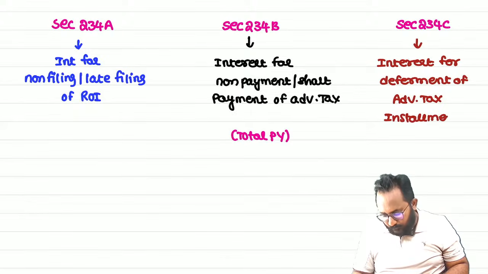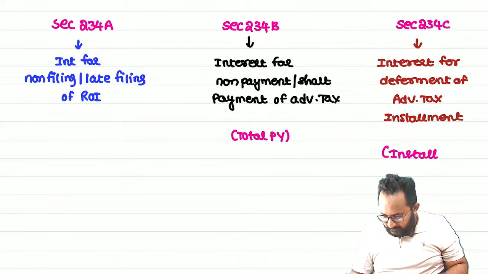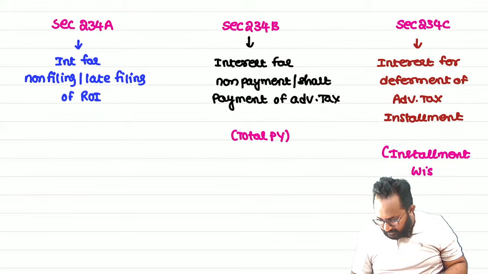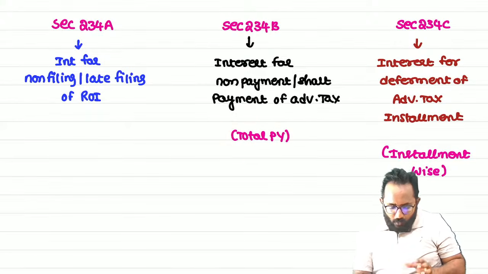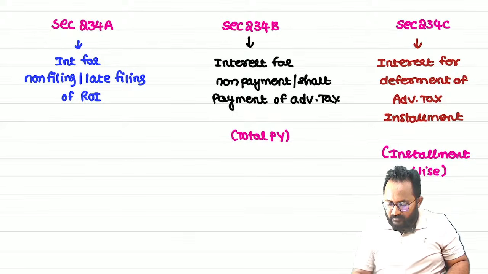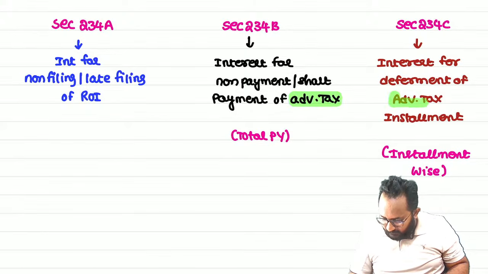Simply, in 234C we are calculating the interest installment wise, whether every installment we paid properly or not. But 234B we are calculating as a total. Now I want to analyze which interest provisions are related to advance tax. 234B and 234C.